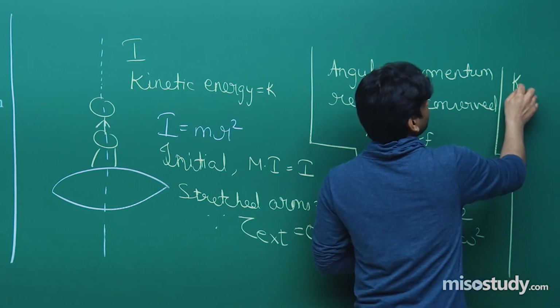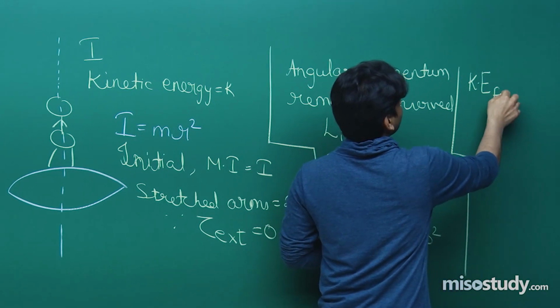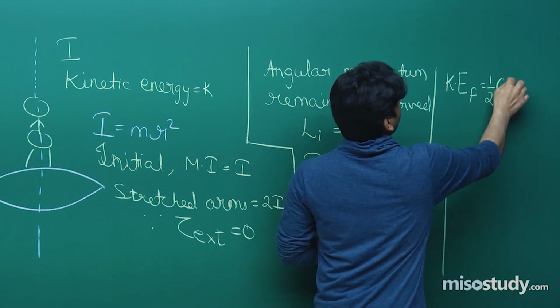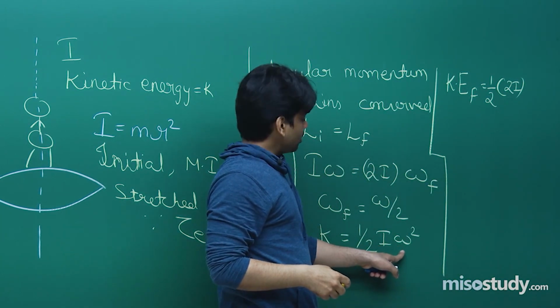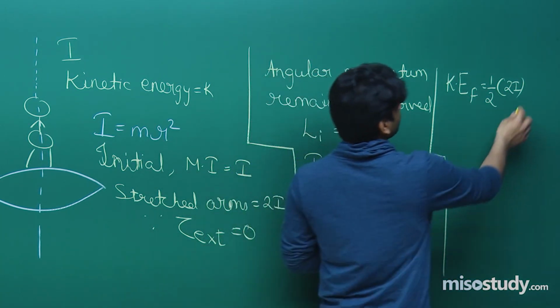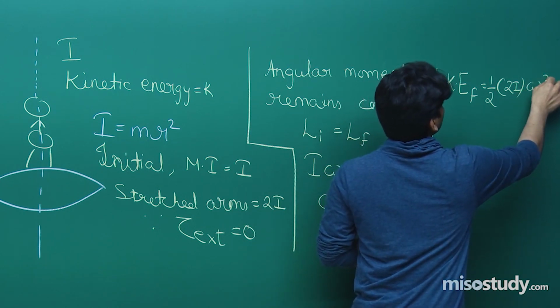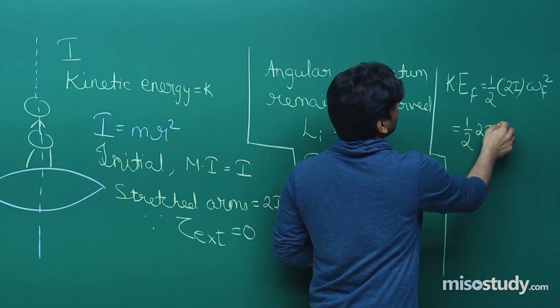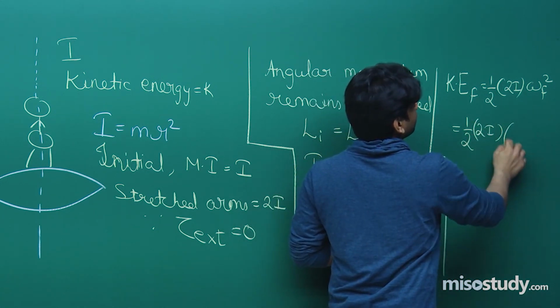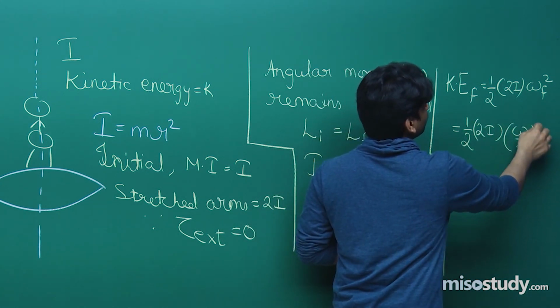So the final kinetic energy K_f is equal to half, the final moment of inertia is 2I, and omega final whole square, half into 2I multiplied with omega final, that is omega by 2 whole square.